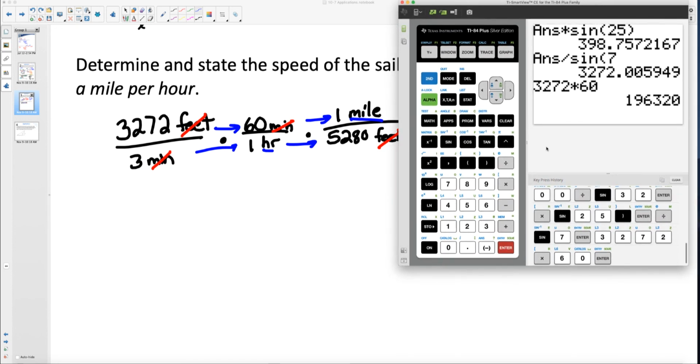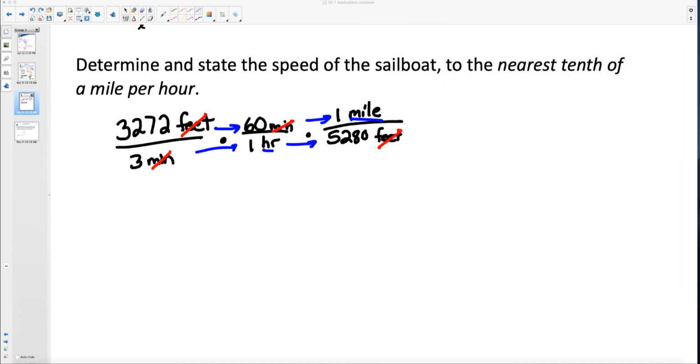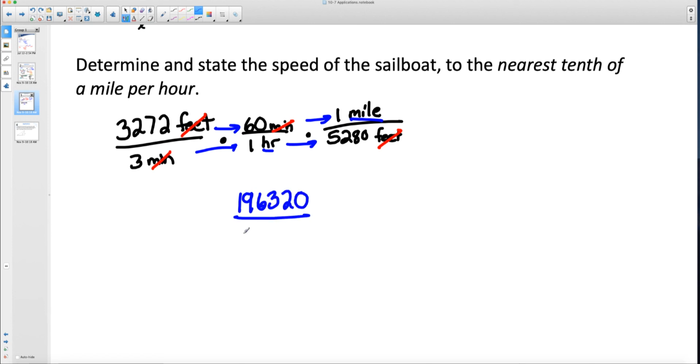Okay, so that's the numerator. And the denominator is 3 times 1 times 5,280. So we have 196,320 over 15,840.